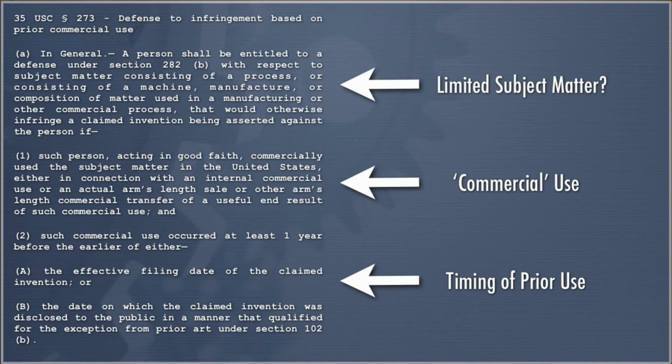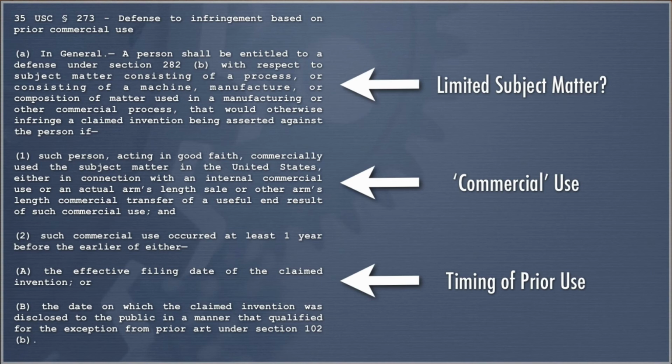So let's unpack this a little bit, right? The first part of (a) there has, I think, a fairly limited subject matter application, right? I think there's some debate about this in patent law circles, but the best way to read 273(a) is that the exception is drawn to either processes or a machine, manufacture, or composition of matter used in a manufacturing or other commercial process.